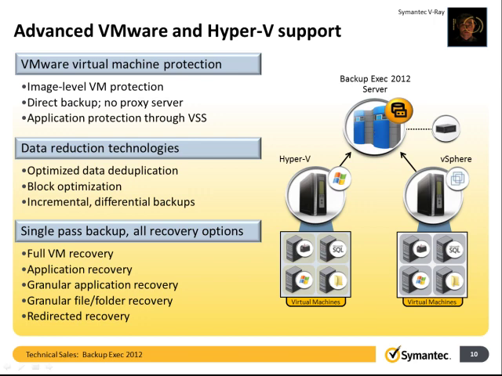Basically, when backing up VMware or Hyper-V virtual machines, there's all this empty space, right? Now, with Backup Exec 2012, all this empty, wasted space within the virtual disk file is ignored and not backed up. So with that said, this essentially enables the software to support differential and incremental backups for both Hyper-V and VMware backups.